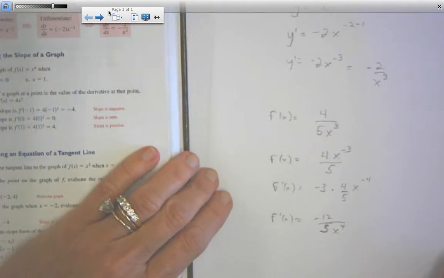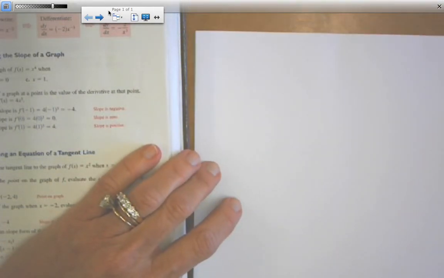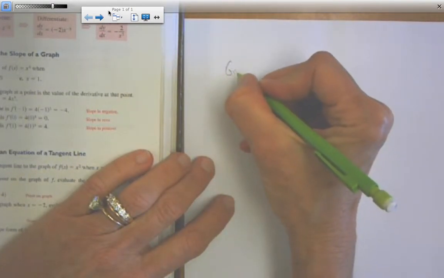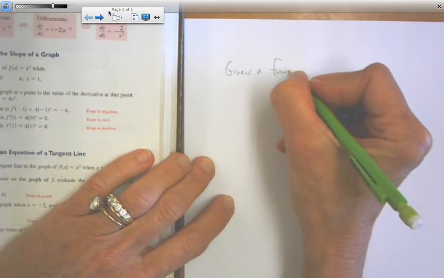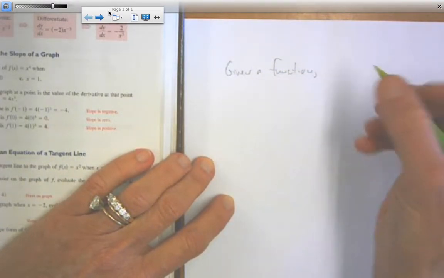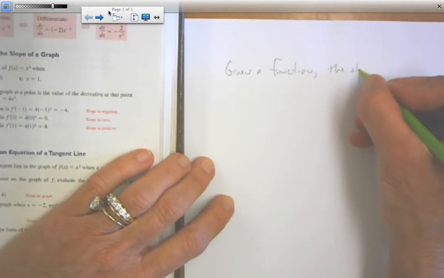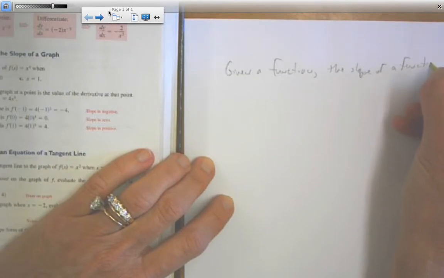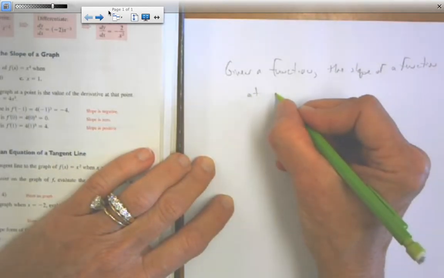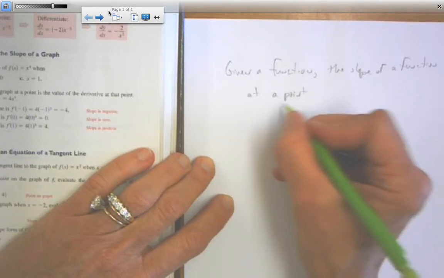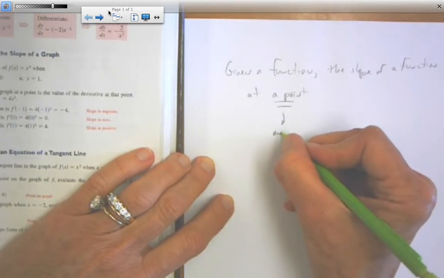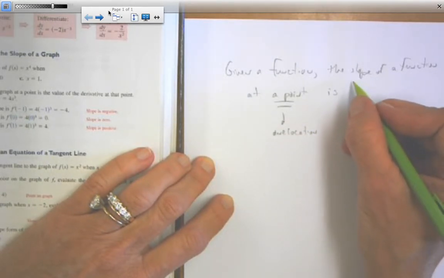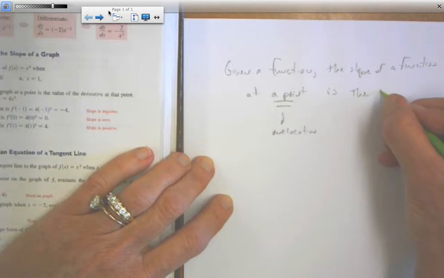All right. Now then, remember, if you're given a function, the slope of a function at a point, which means one location, is the slope of the tangent line.